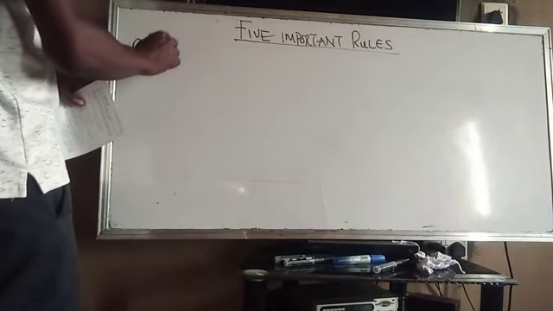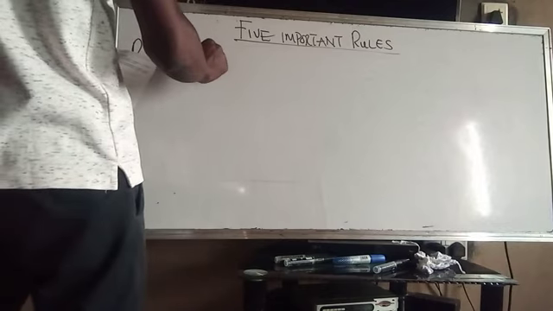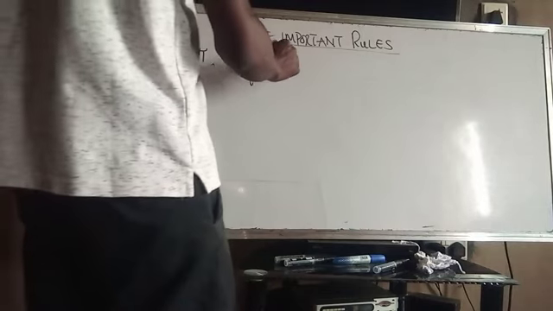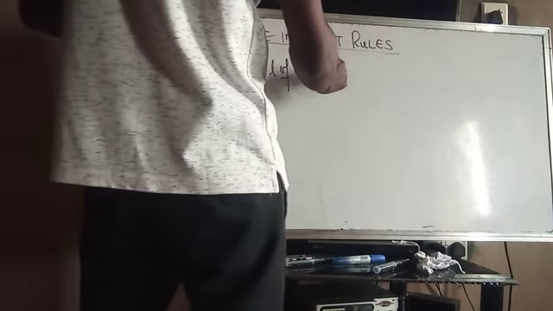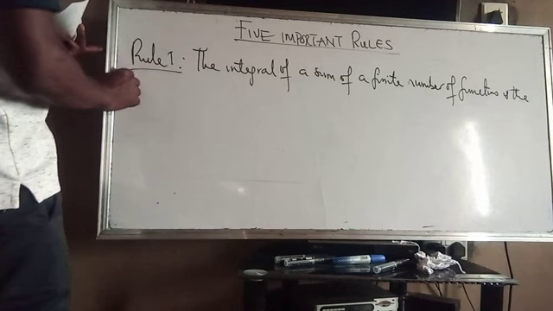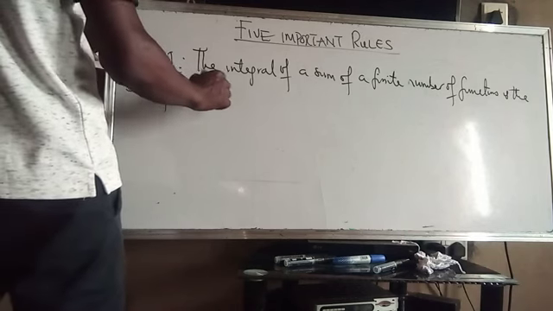Rule 1 says that the integral of a sum of a finite number of functions is the sum of their separate integrals.